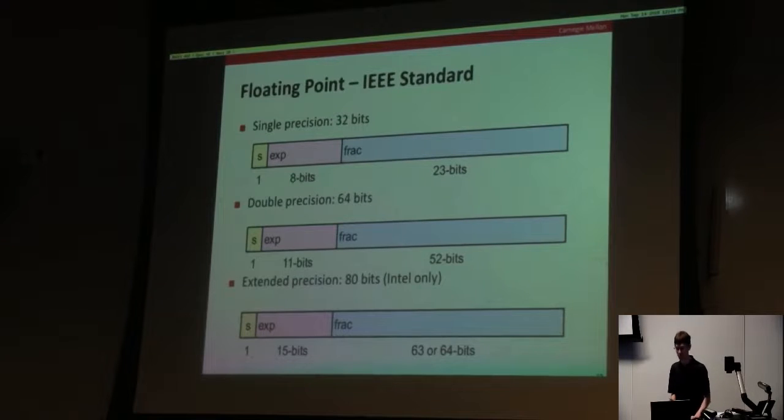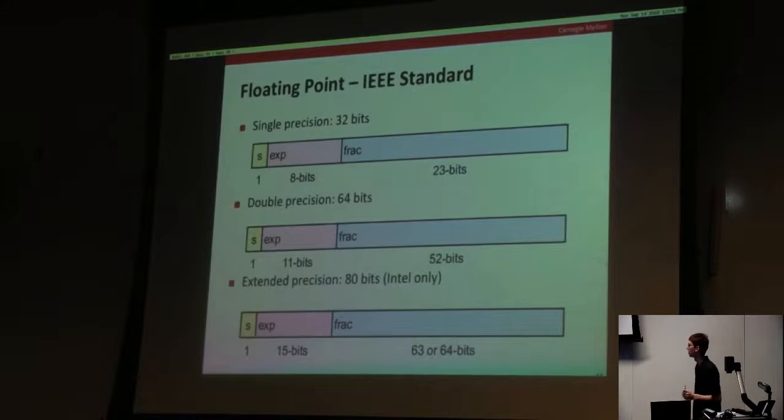But essentially, we have some fractional component, and we're multiplying it by some exponent. It's like scientific notation, if you're familiar with that. There's also another 80-bit format that's not as standard because it's not used everywhere.